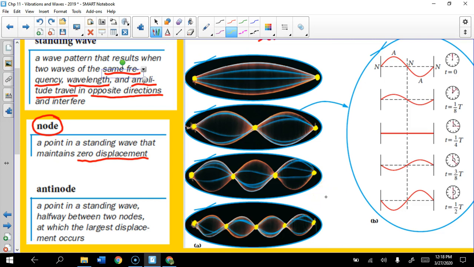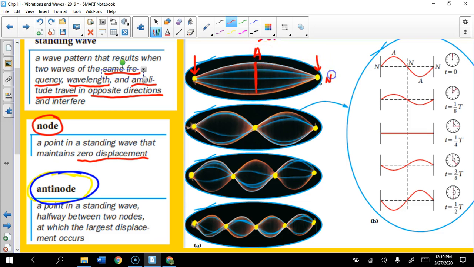Now, there is something else called an antinode. What is an antinode exactly? That is the part that is halfway between 2 nodes. Find a point that's halfway between the yellow node and the yellow node over here. You'll notice that that point right there is the antinode.